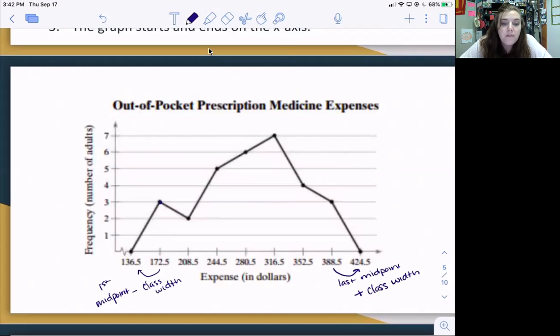Other than that, the shape of your graph really does match the histogram. A lot of times you'll actually see a frequency polygon stacked on top of a histogram graph to show the differences between the two and the similarities.